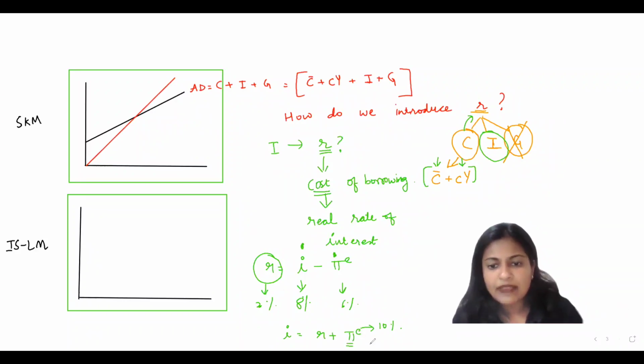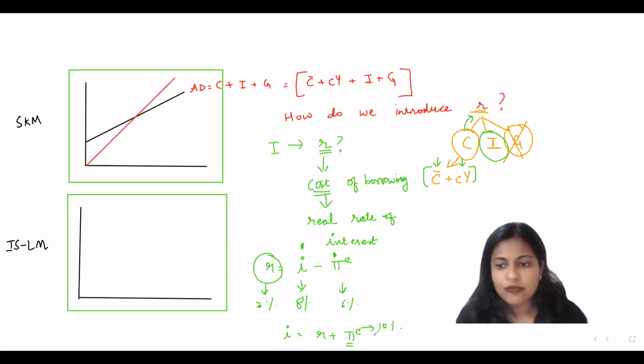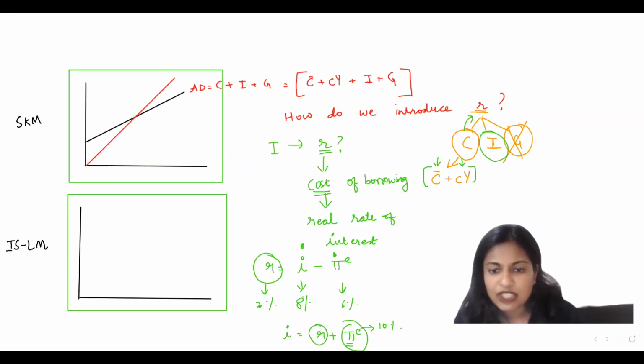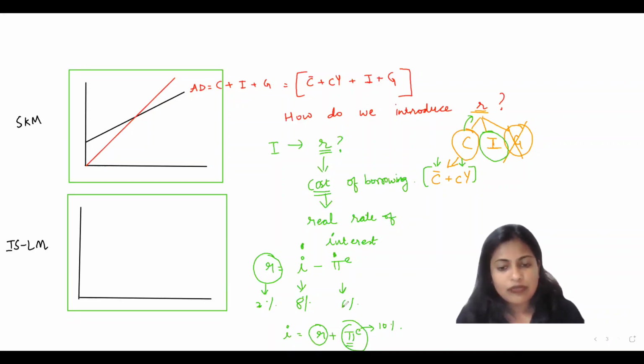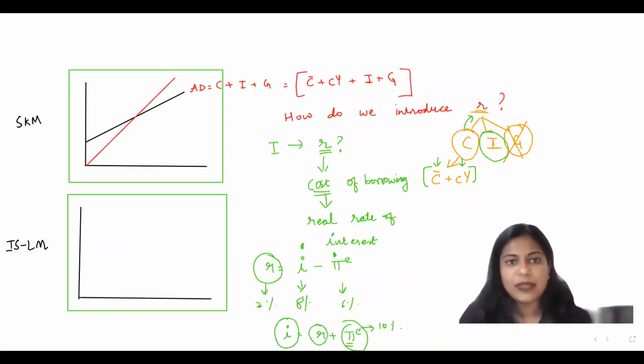So inflation is anyways going to eat up a part of what they get. So you have to pay them something more over the inflation. Which is why when inflation is high, the nominal rate of interest will always be higher.